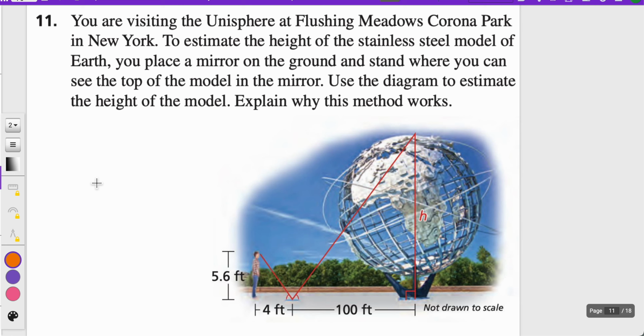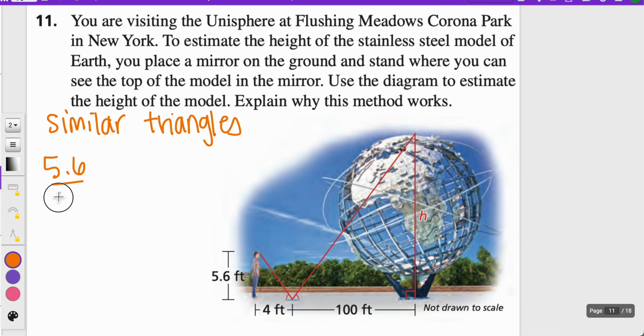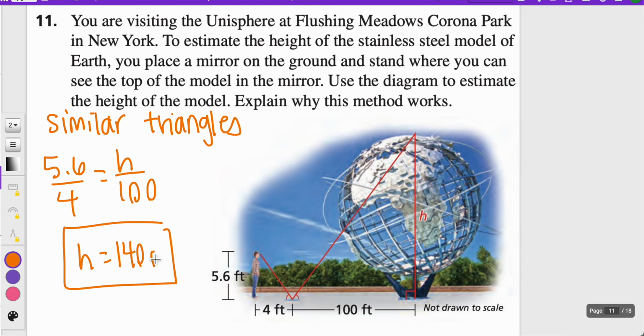Number 11, this method will work because they are similar triangles. So you can set up 5.6 over 4 is equal to h over 100, and your answer should be 140 feet. Okay.